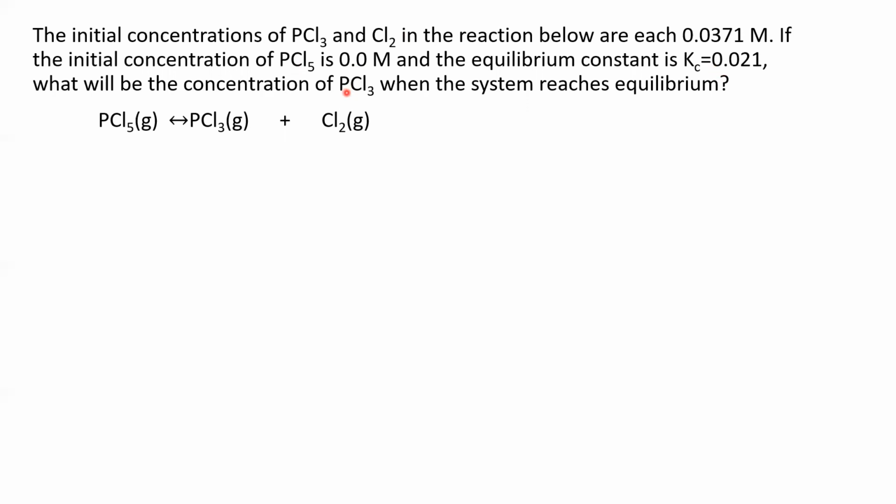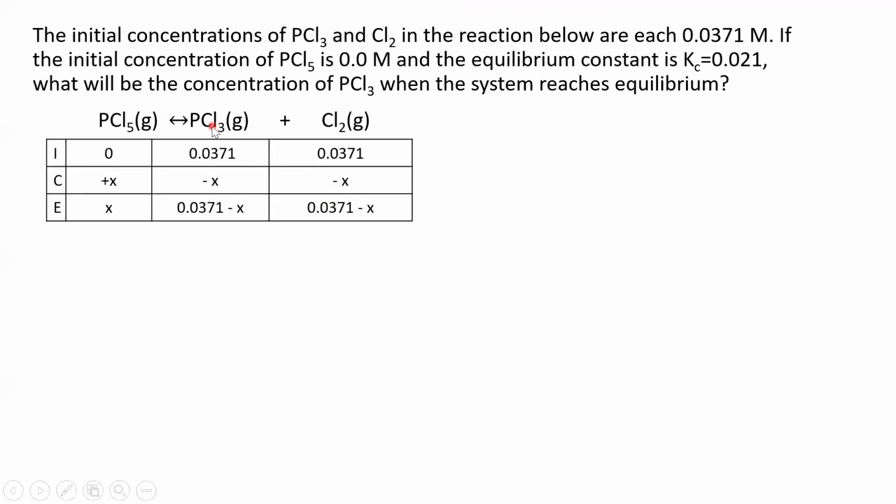All right, so we'll do this step by step. So the first thing I want you to do is write an ice chart. Okay, initial, stoichiometric change, and equilibrium. Okay, don't go any further than that yet. Write your ice chart, plug in your numbers.